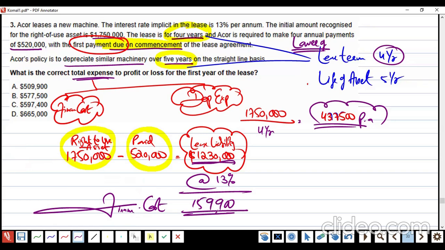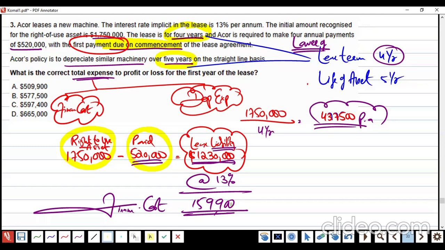Always remember the interest rate applies on the liability, because interest is connected with the loan. If you already paid off some amount, you will not pay interest on it, because interest is always on the outstanding loan.